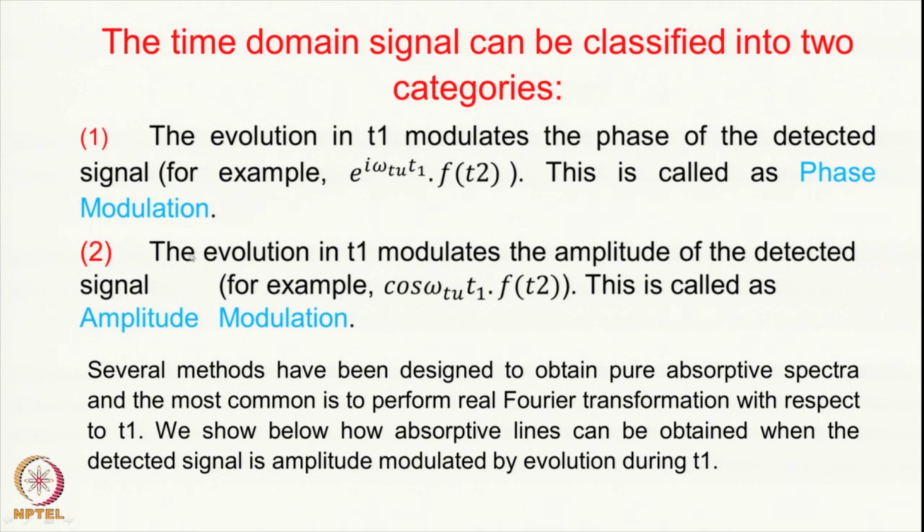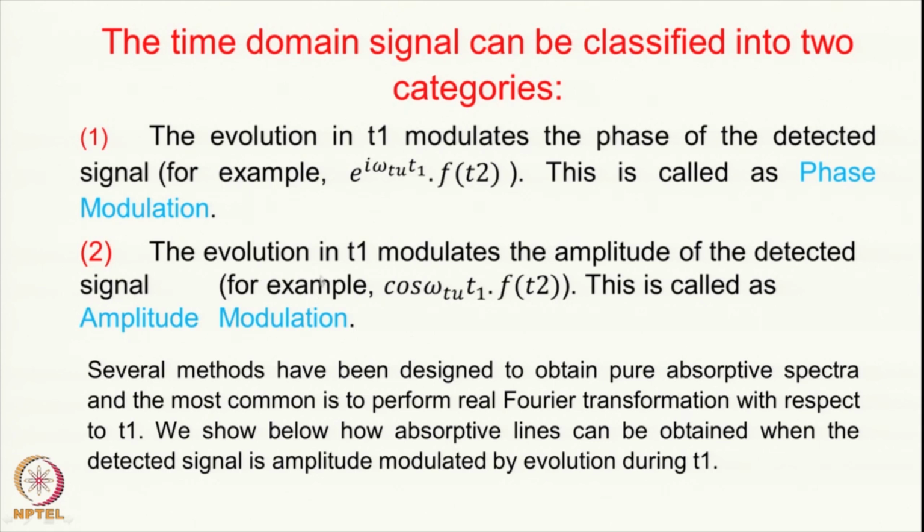You can have another type of modulation where the evolution in T1 modulates the amplitude of the detected signal. For example, if your detected signal is of this type, cosine omega Tu T1 instead of this, then this actually contributes to the amplitude of the detected signal FT2, and this is called amplitude modulation.